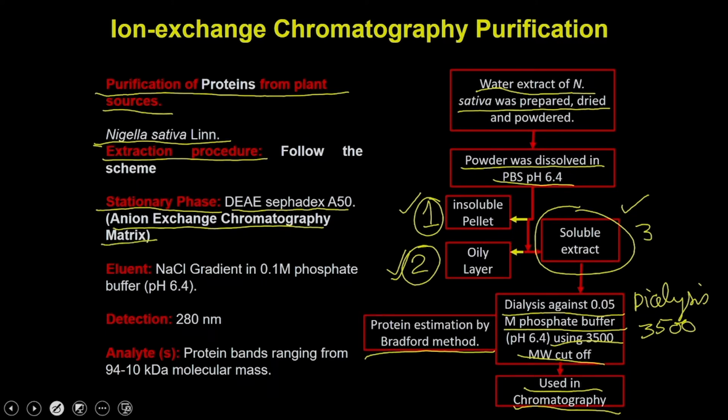So, once the protein is bound, you can do the washing step, and after the washing you can elute this with a NaCl gradient in 50 millimolar phosphate, pH 6.4.